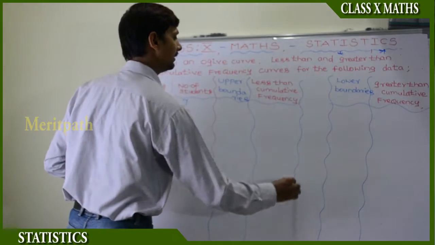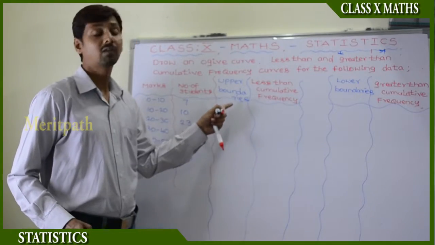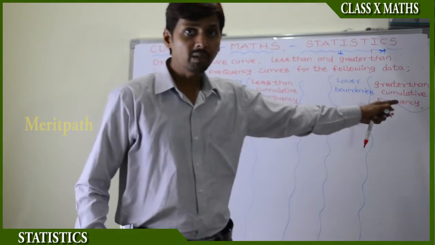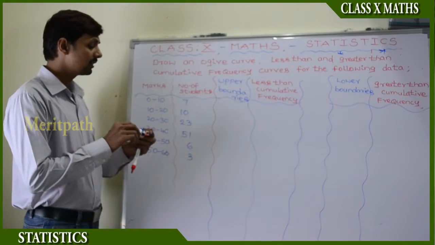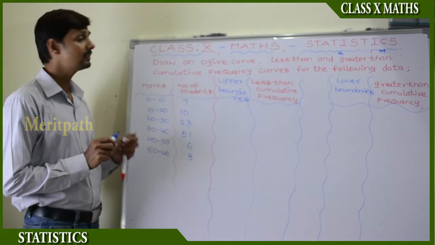So this is the information we need to find out, and this is less than cumulative frequency. For this we need upper boundaries, and for greater than cumulative frequencies we need lower boundaries.